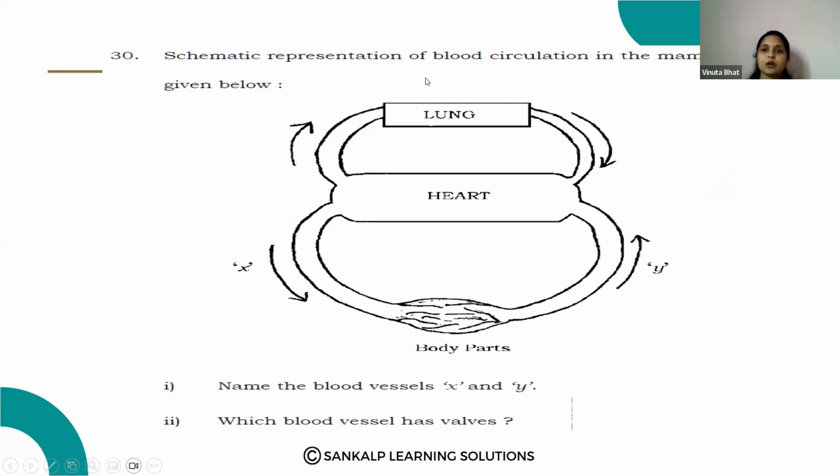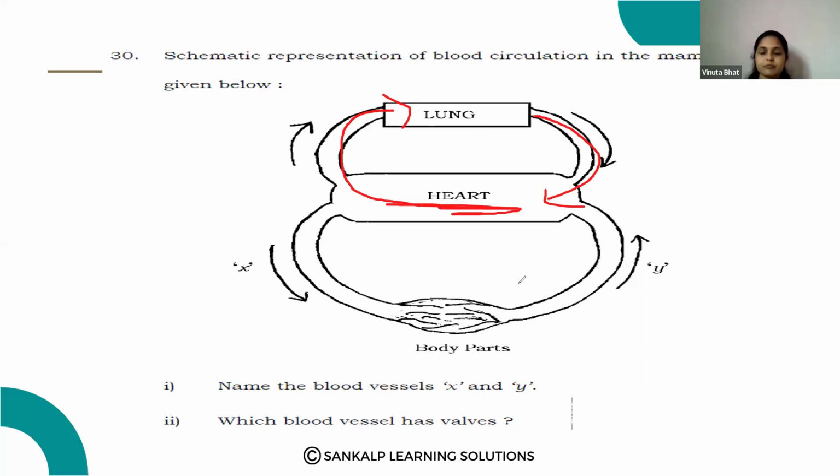Schematic representation of the blood circulation in mammals is given below. You can see the heart, where the deoxygenated blood moves to the lungs and the oxygenated blood is received by the heart.